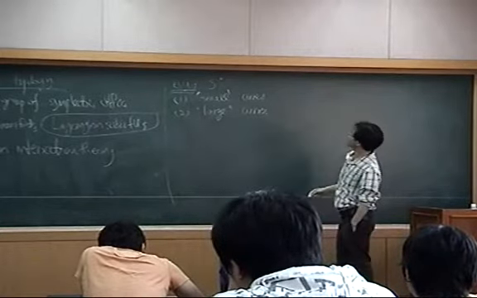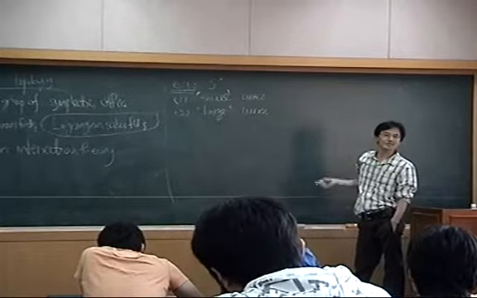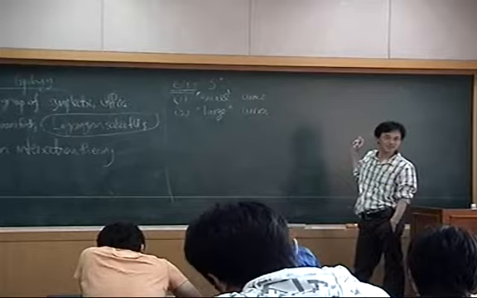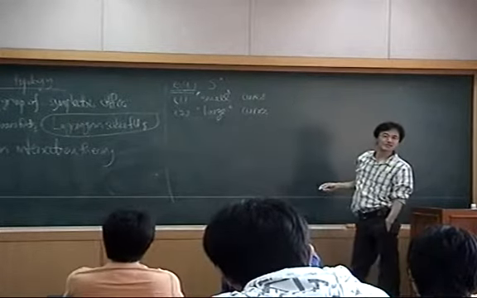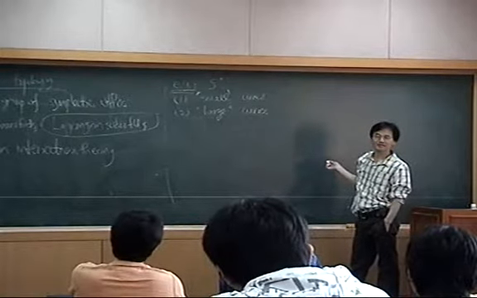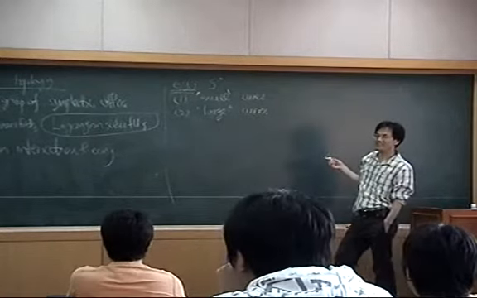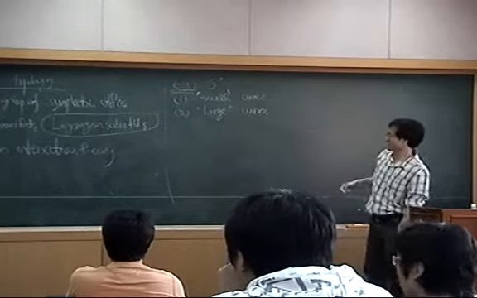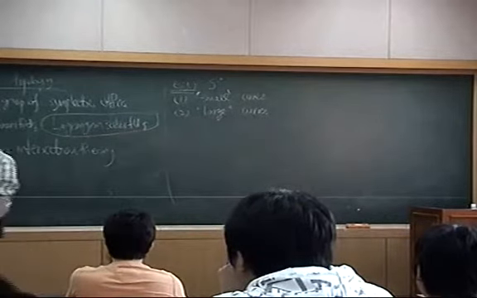When I say large curve, you cannot displace this curve by area-preserving diffeomorphisms. And the small curves are the ones which can be displaced by area-preserving diffeomorphisms. What is a symplectic diffeomorphism? I'll explain later. That gives you a little more motivation.